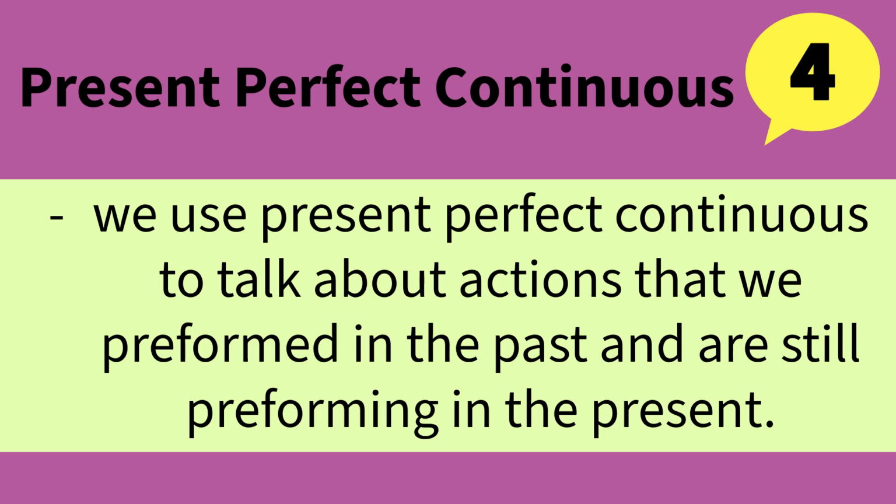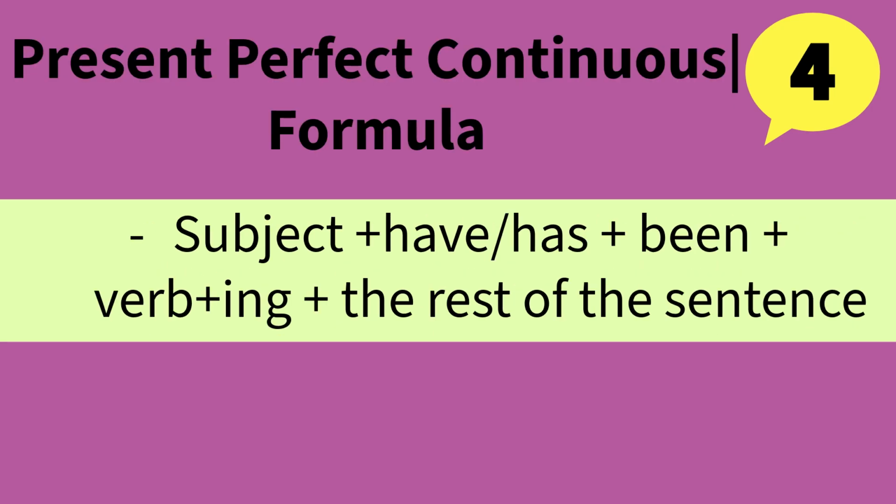The fourth tense is the present perfect continuous tense. We use present perfect continuous to talk about actions that we performed in the past and are still performing in the present. To form this tense, we use this formula: subject plus have or has plus been plus verb plus ing and the rest of the sentence.